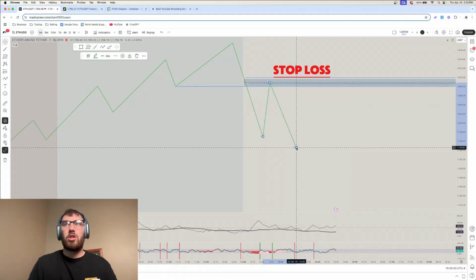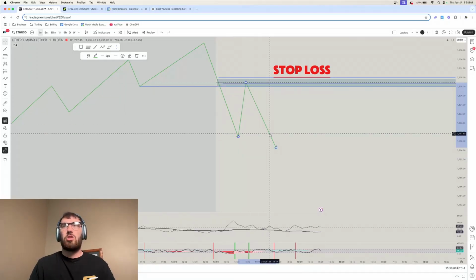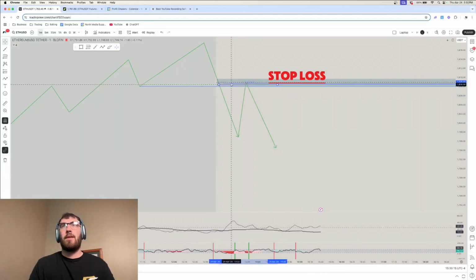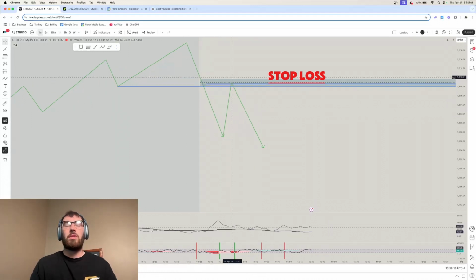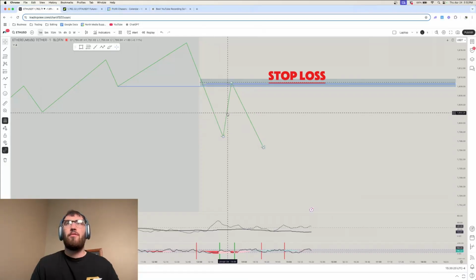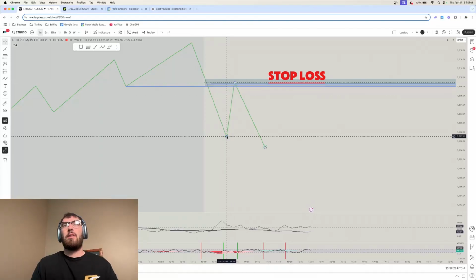Now there's one more trick to this strategy. After we enter the trade right here where we did, as soon as price breaks structure and takes out these lows right here, we are going to be moving our stop loss to break even, a little bit in the profit to cover fees. So this is essentially a risk-free trade as soon as this takes the lows that it created before bouncing up into this zone, because what that is telling us is that we're getting lower highs and lower lows.